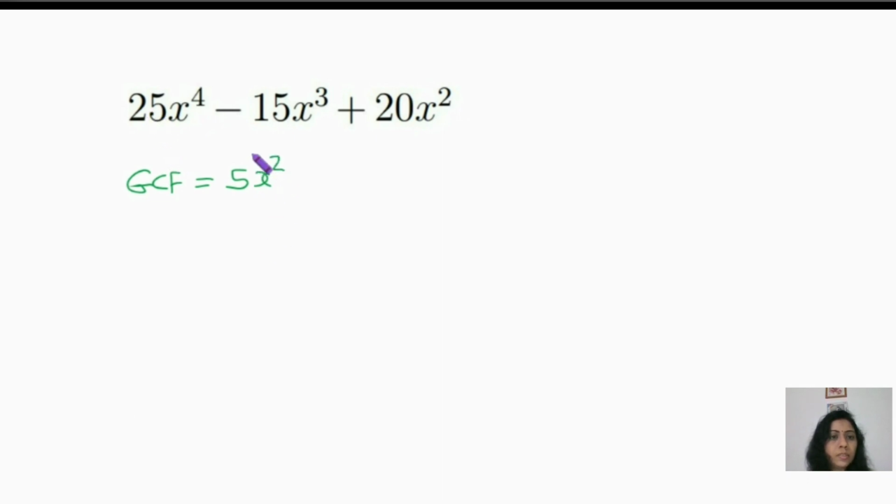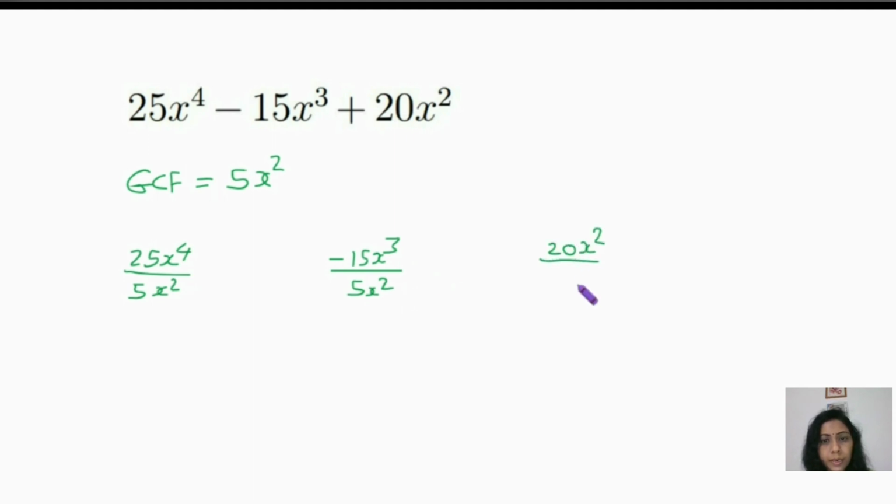Okay, now this greatest common factor we divide into each term. Here this term 25x to the power 4 divided by 5x squared, and minus 15x to the power 3 divided by 5x squared, and 20x squared divided by 5x squared.